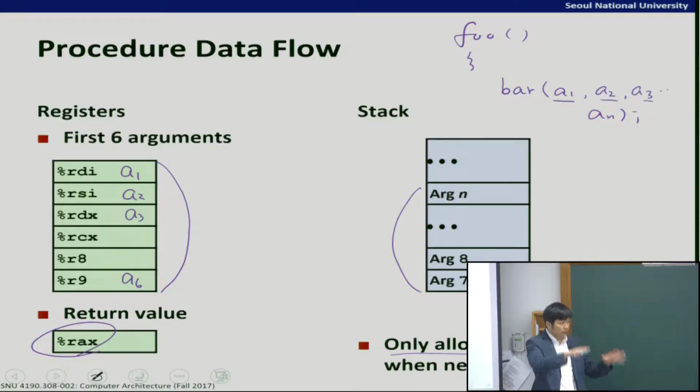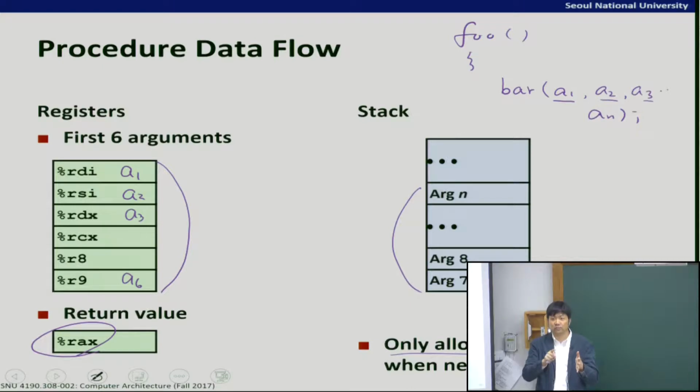So whenever you're done with a function call, you are required to put your return value in the RAX register before you invoke the RET instruction. Okay, that's the convention between caller and callee to send and receive data.